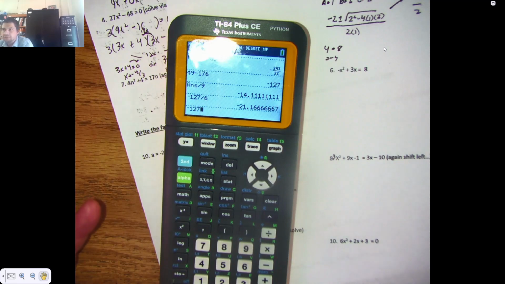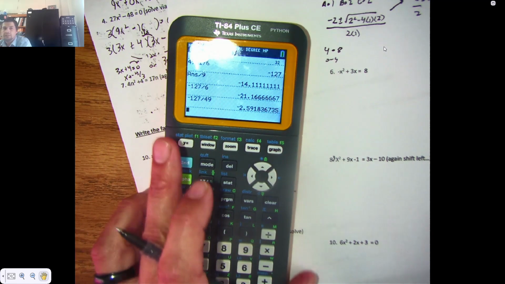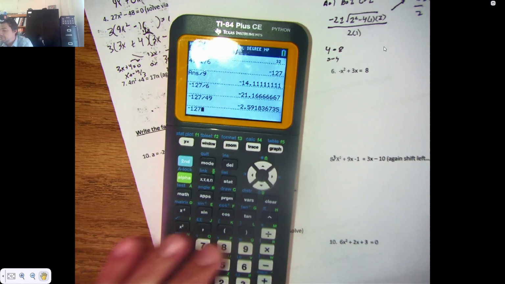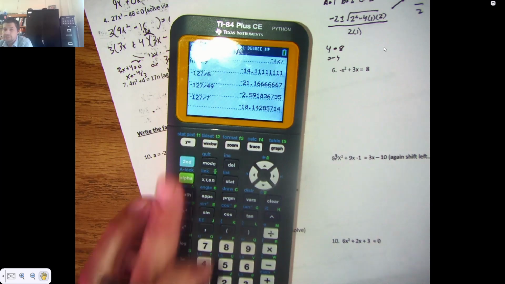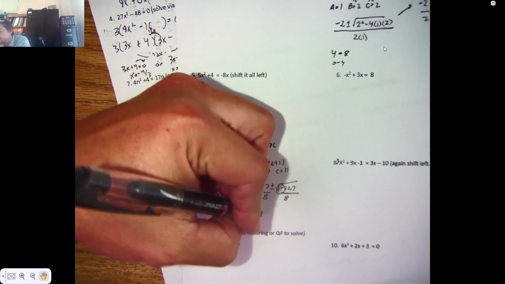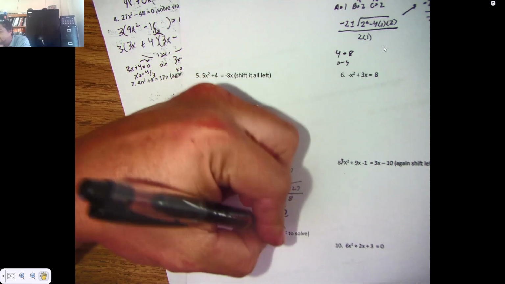It's not divisible by 49. Apparently, 127 is probably prime. What I do know is that it's imaginary. So negative 7/8 plus or minus the imaginary root of 127 over 8.